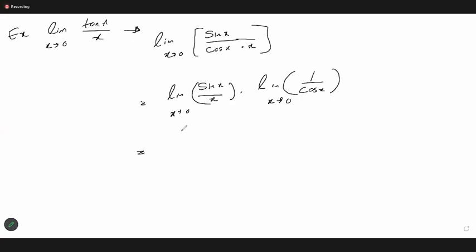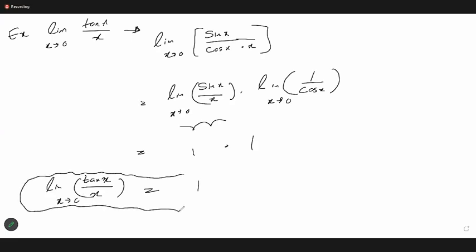Now sin x over x means 1. Here, is there any problem when x approaches 0 in this part? 1. Yes, because cos 0 means 1, and 1 over 1 means 1. This is equal to 1. Then this one is also very useful: tan x over x, when x approaches 0, this one also needs to be highlighted and is equal to 1.